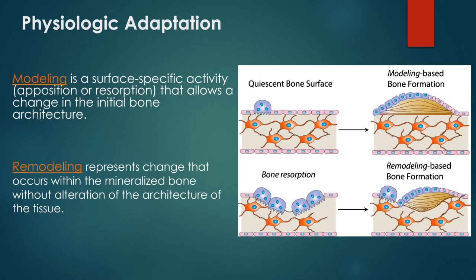Modeling, if you look at the picture on the right, is a surface-specific activity which might lead to either apposition of bone or resorption, and changes the initial bony architecture, while remodeling represents the change that occurs within the mineralized bone without alteration. So the bone is going to maintain the same structure, but it's going to go through both resorption and back into bone formation, but the initial structure is not changed.